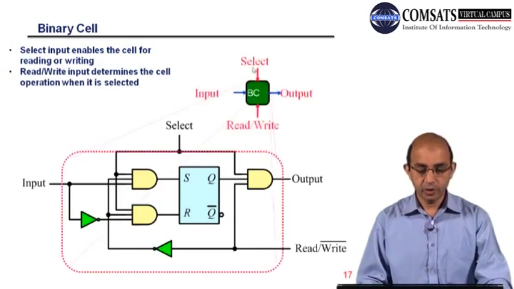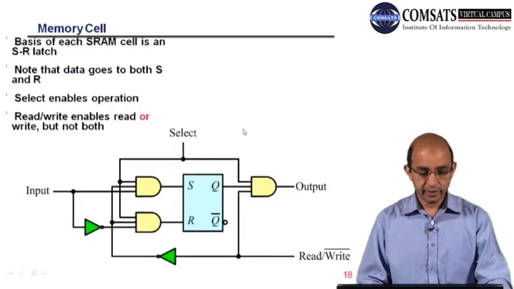So this is the block diagram, right? It's the same signals, but we have a block diagram as opposed to the detailed circuit over here. Input, select, output, read and write, right? So here is the SR latch, right?